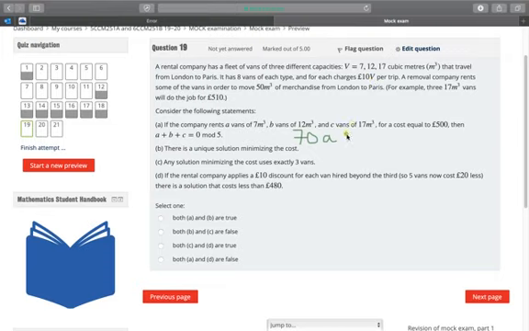So 70A, 120B, I don't think Hertz goes exactly by volume, but anyway, 170 times C, that's the total cost. And we're asking whether that can be 500. So that's equal to 500.